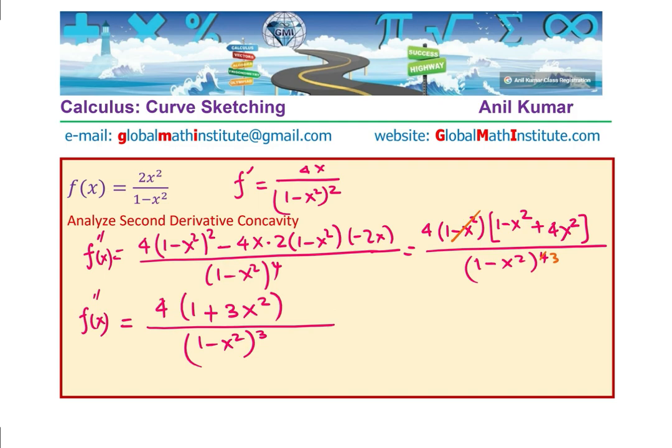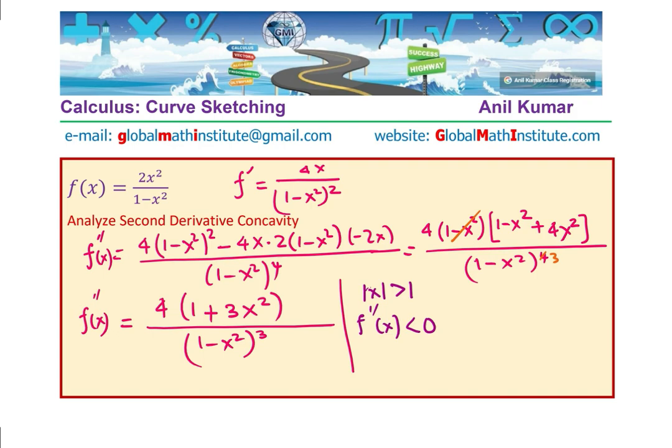So what we notice here is that if the absolute value of x is greater than 1, in that case, the second derivative, because 1 minus a greater number, right, and cube will make it negative, will be less than 0, correct?